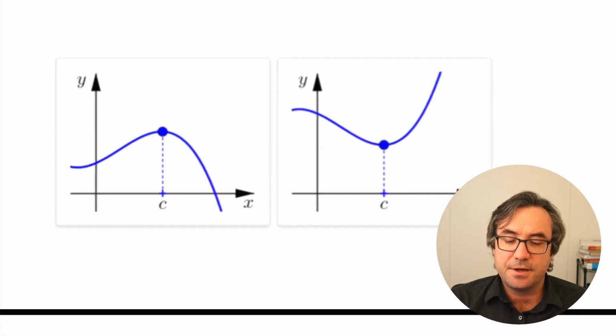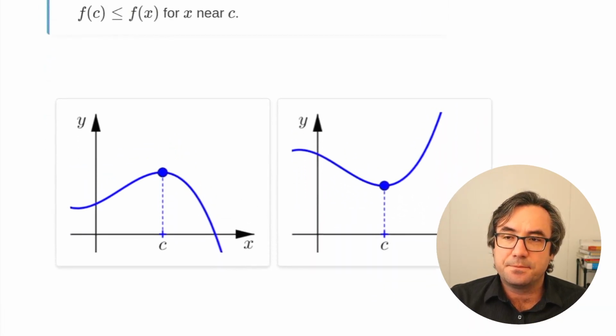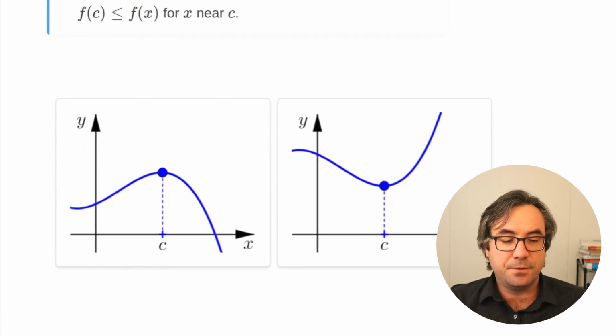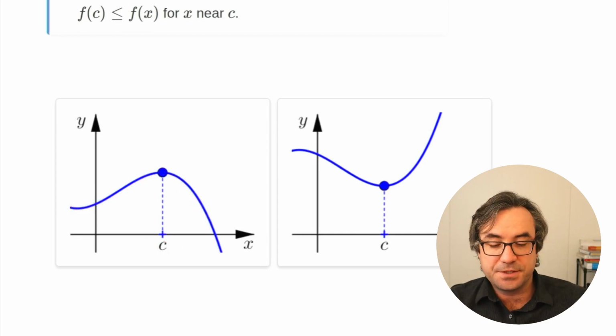So let's look at the first graph right here. This is an example. At x equals c, our function has what's called the local max here. So this is an example of what a local max would look like.